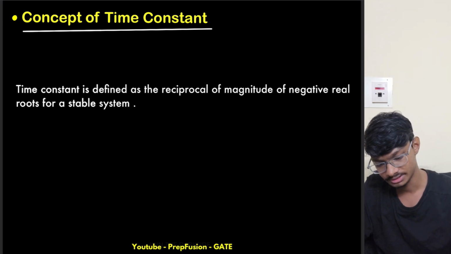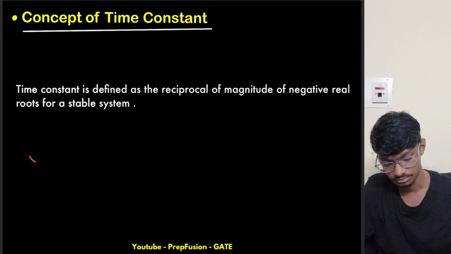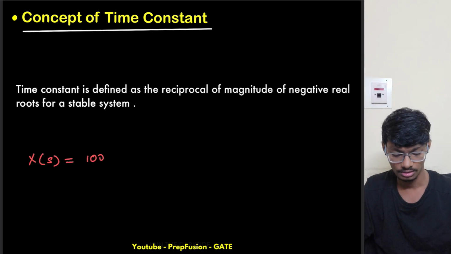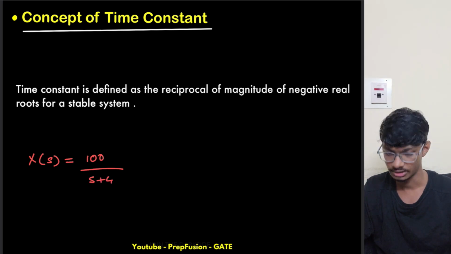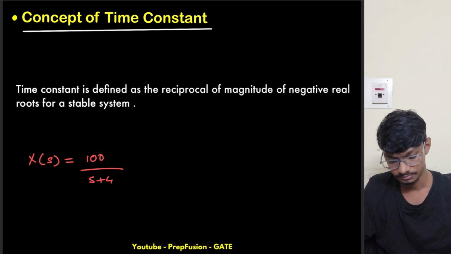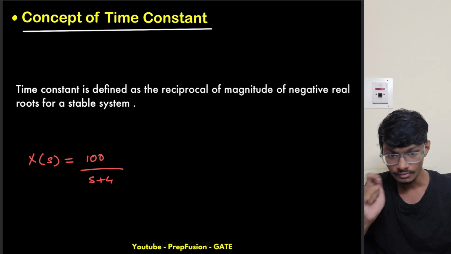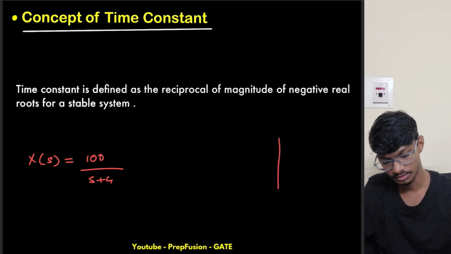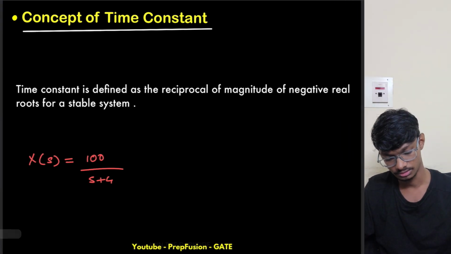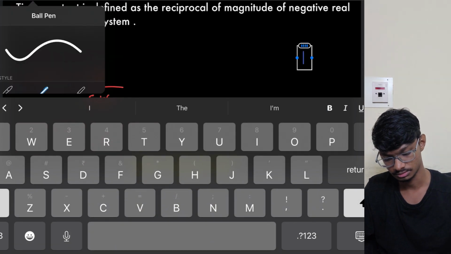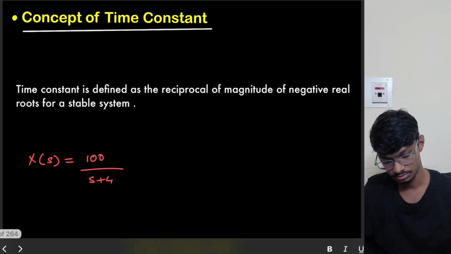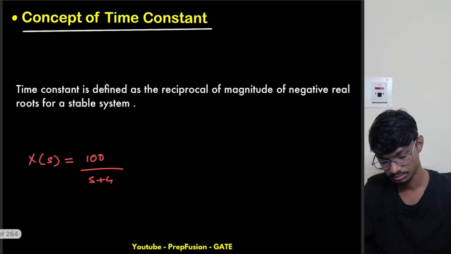So let's say I have one signal X of s equals 100 by s plus 4, right? Now what will be the time constant for this? Simply, I have to find the roots. First I draw the sigma plus j omega axis.